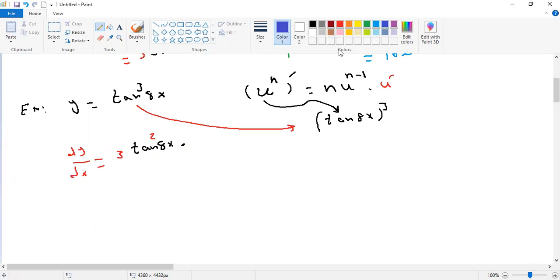The derivative of tan is secant squared 8x, multiplied by the derivative of the angle 8x, which is 8. So 8 multiplied by 3 is 24. 24 tan squared 8x secant squared 8x. So this is the derivative.